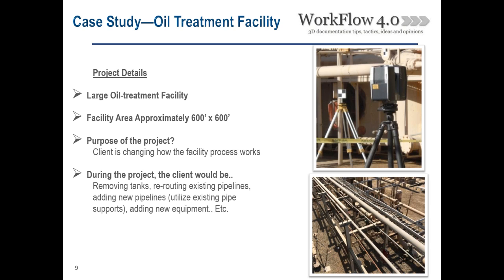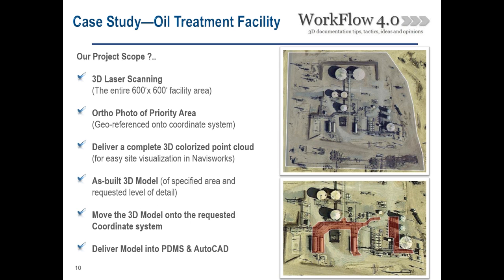They would be removing tanks, rerouting pipelines, adding new pipelines, and they still want to utilize some of the existing equipment, existing pipe supports, therefore leading to scanning and modeling and using an as-built model to help design with what's already at the site. As you can see in some pictures on the right, there's some of the pipes and pipe racks. You'll see a little bit more on these next slides.